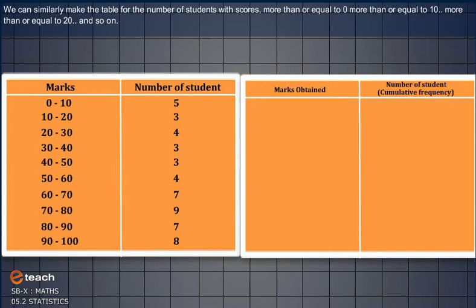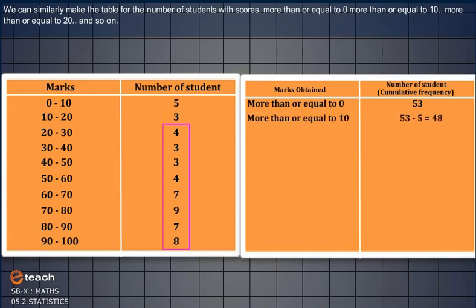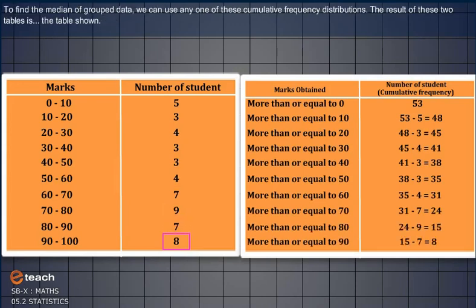We can similarly make a table for the number of students with scores more than or equal to 0, more than or equal to 10, more than or equal to 20, and so on. To find the median of grouped data, we can use any one of these cumulative frequency distributions. The result of these two tables is the table shown.